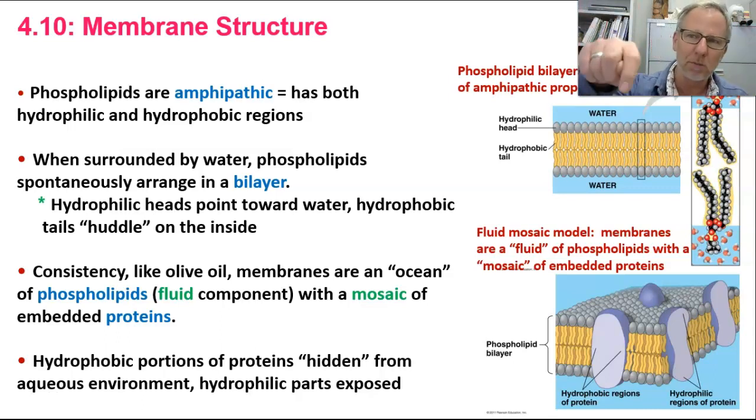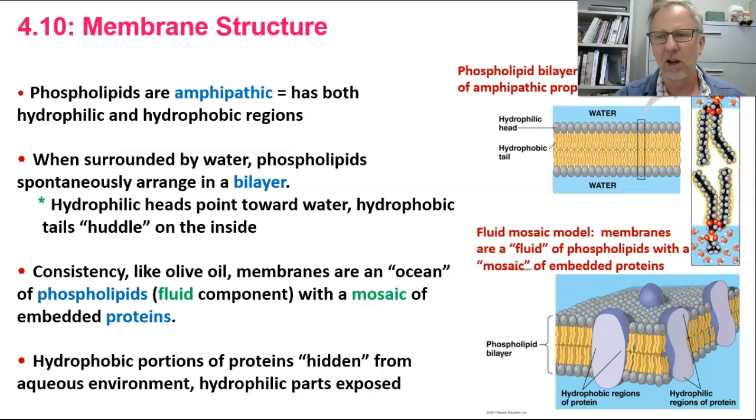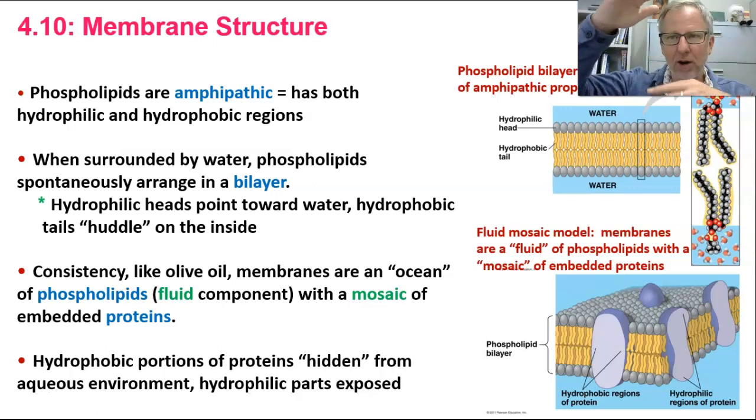So if you look at the bottom part of the figure on your slide, it is representing this fluid mosaic, the oceans of phospholipids that are like olive oil with scattered proteins embedded in that membrane. And the hydrophobic parts of those proteins are going to be kind of hidden from the watery environment outside the cell and inside the cell.